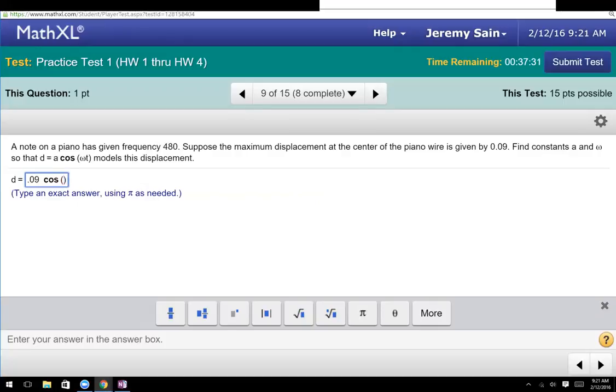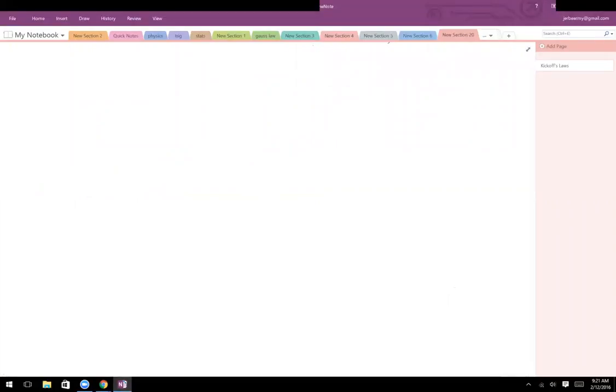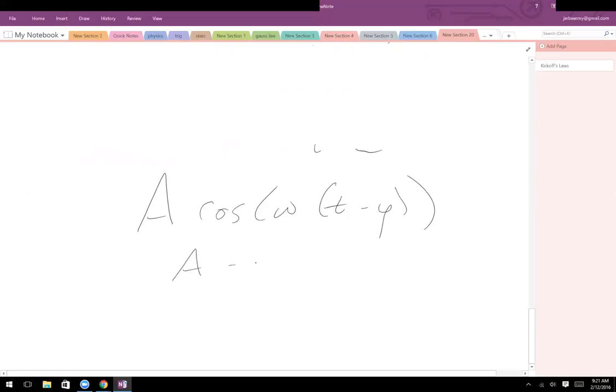What's the difference between frequency and angular frequency? Good question. Okay, so let's write this down one more time. We've said it a few times now, but let's write it once more. A cosine of omega t minus phi. So A is the amplitude.